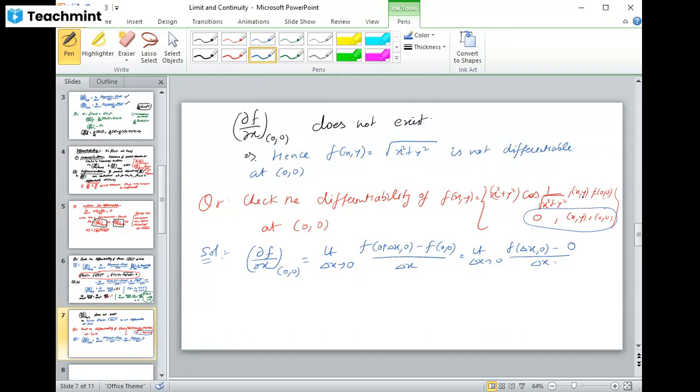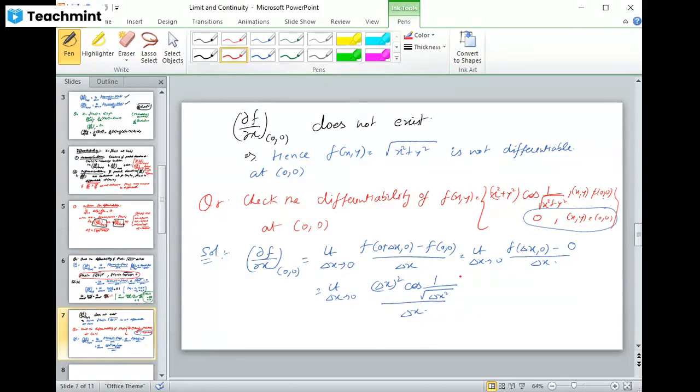When x and y are both not 0, this is how your function is defined. So f(delta x, 0) means that we put x equal to delta x and y equal to 0. So this is equal to limit delta x tends to 0, delta x square, y becomes 0, into cos of 1 upon square root of delta x square, minus 0, divided by delta x.